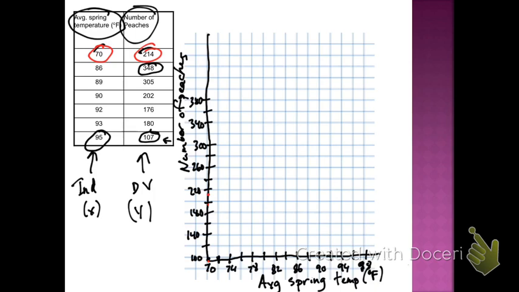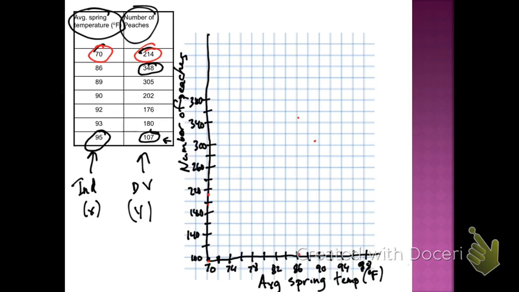And then 86, so 86 is over here, 348, so it looks like here. And then 89 is around here, 305 is like here, so it should be around there.